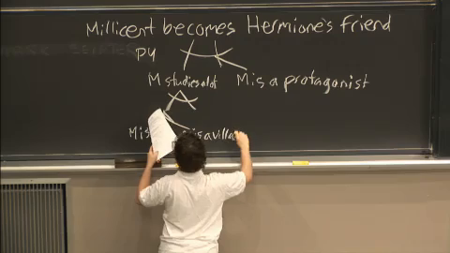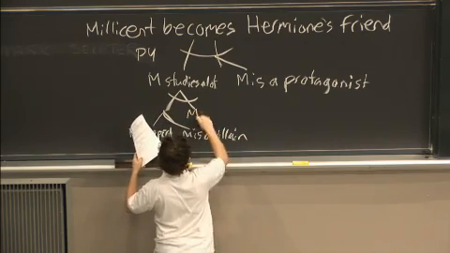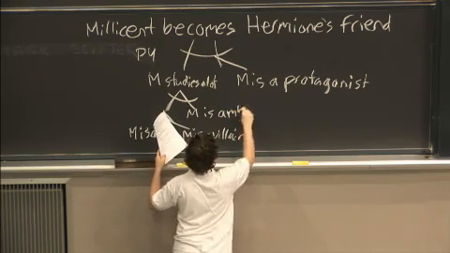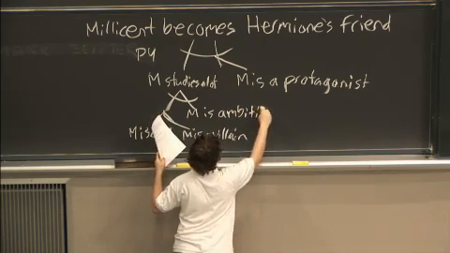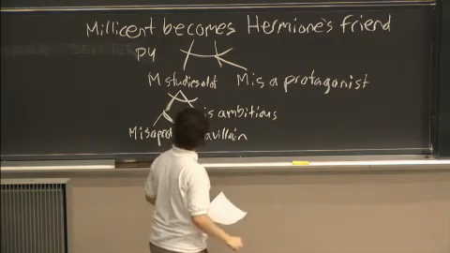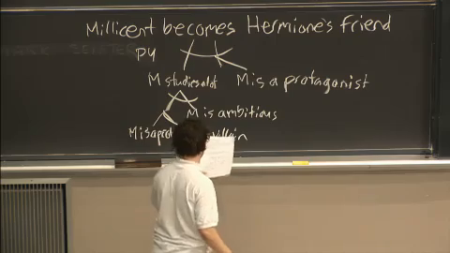And the second thing on the AND node is Millicent is ambitious. I hope that's what I said. All right, the second thing on the AND node is Millicent is ambitious. Great. Okay.